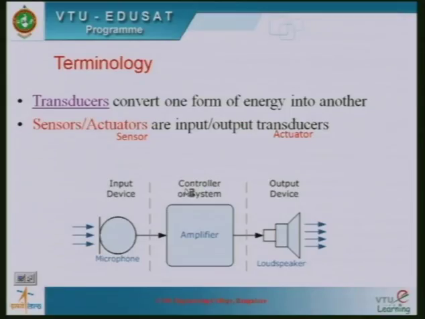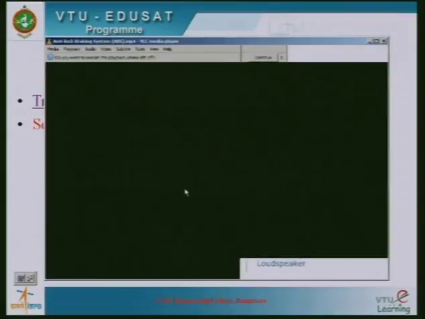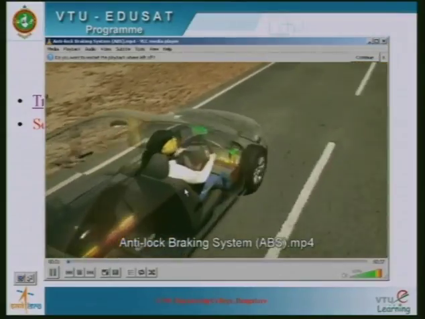So let us talk about the sensor part. I am going to show a small video which tells you what a sensor or an actuator is trying to do in an automotive.